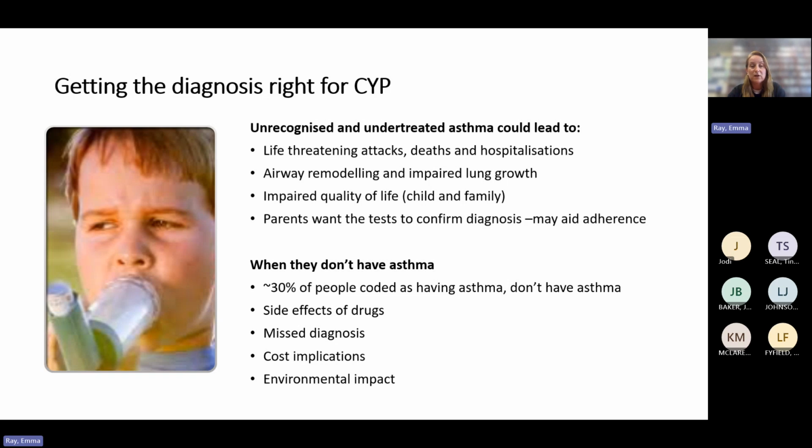We could have missed a diagnosis. The inhalers can be very expensive as well, and there may be a cost implication. So we don't want to get things wrong. Offering diagnostic tests early on is really, really important.